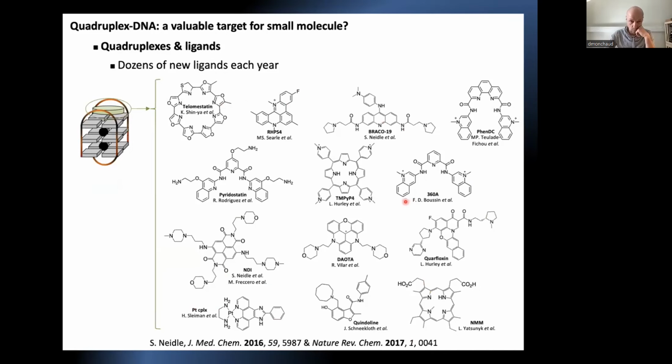far too complicated because, in fact, you have here a series of molecules that have been published over the past years.